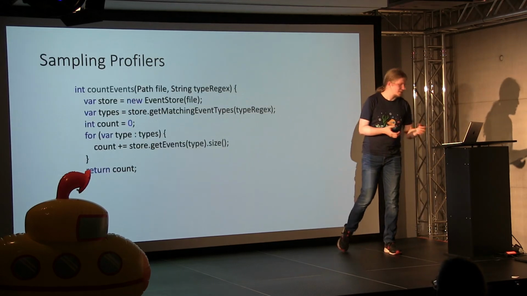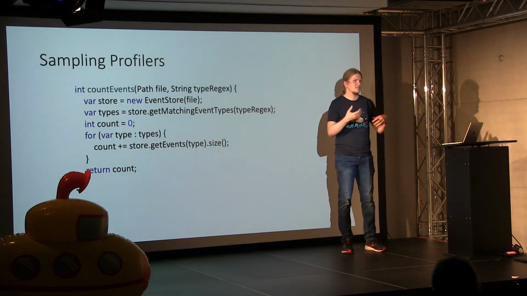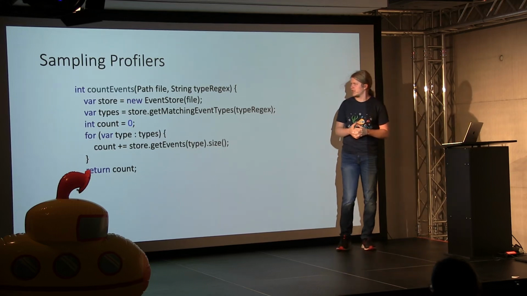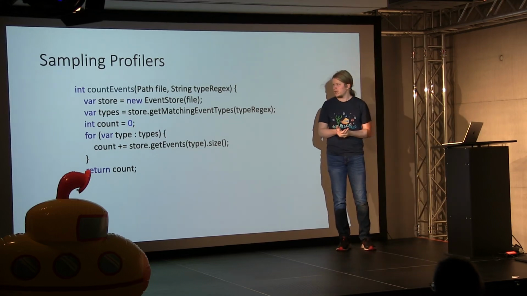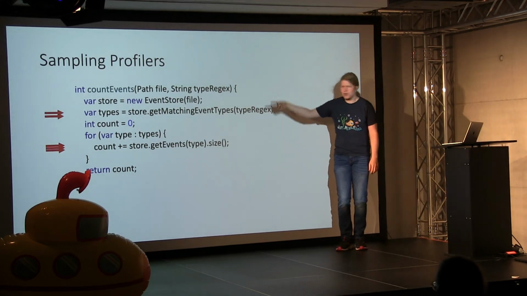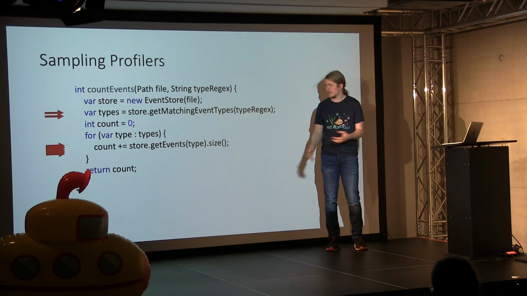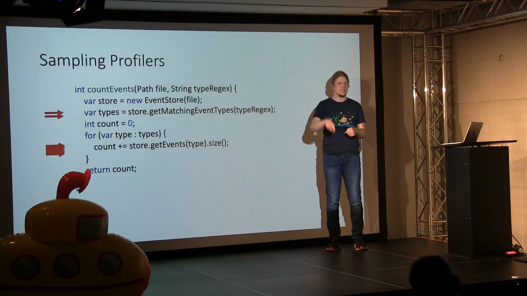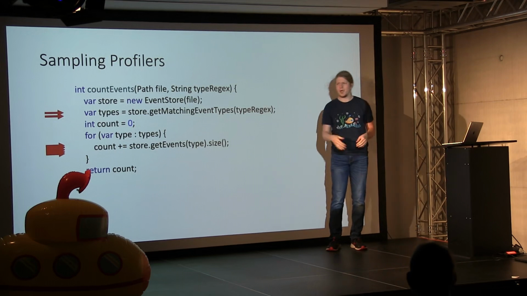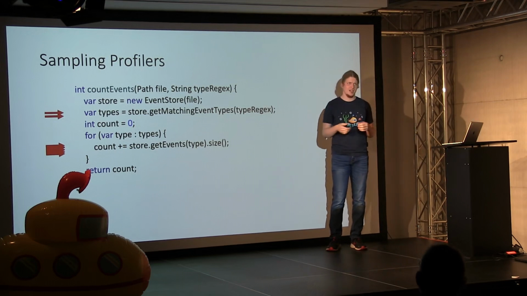But there's the thing that all the modern profilers essentially do, it's sampling profiling. So when we have this example here, we essentially ask the JVM at regular intervals, "Hey, what code are you currently executing? What's your stack trace?" Essentially, it's like we create an exception and get the stack trace, store it away, and do this every 10 milliseconds.